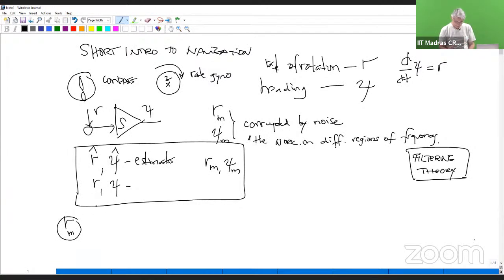Now, this is a mysterious step. We'll see. So what happens? You could simply say the following: I'm going to assume that R is very good. It's already my estimate. And then when I integrate this, I get an estimate of psi.